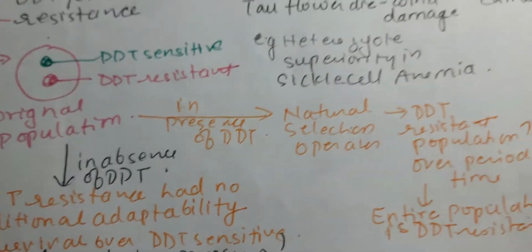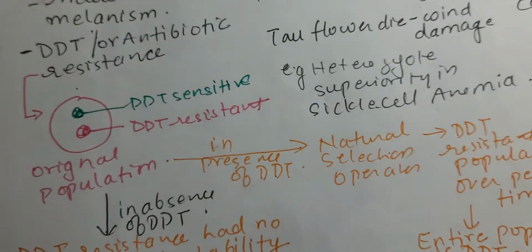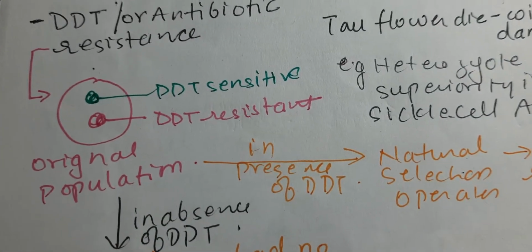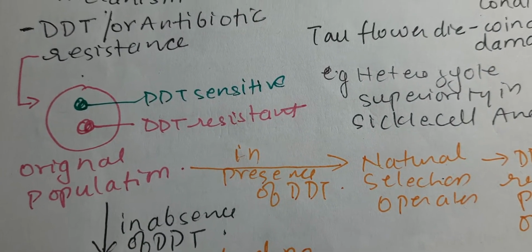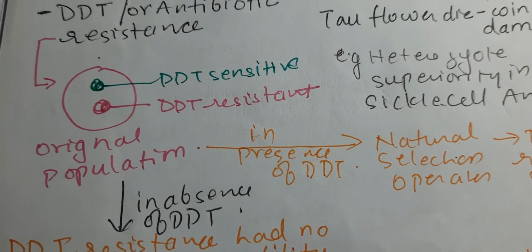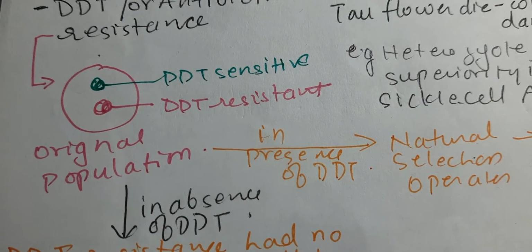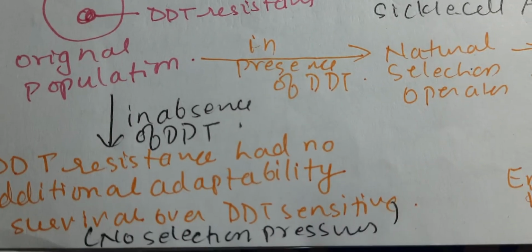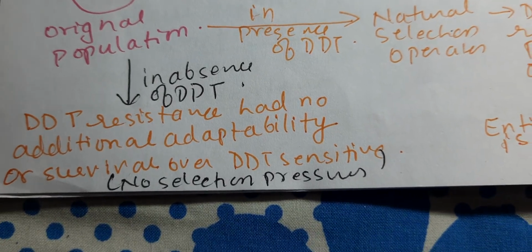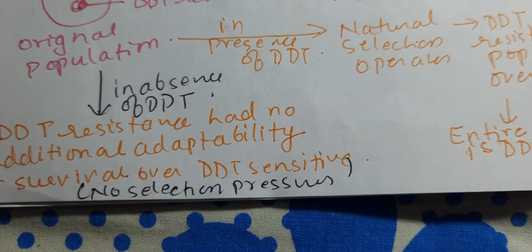I'll be discussing the DDT sensitive example. This is also a kind of natural selection. Here you will see that DDT sensitive and DDT resistant, two different variants, are there in a population of insects. In the absence of DDT, resistance had no additional adaptability or survival over DDT sensitivity.